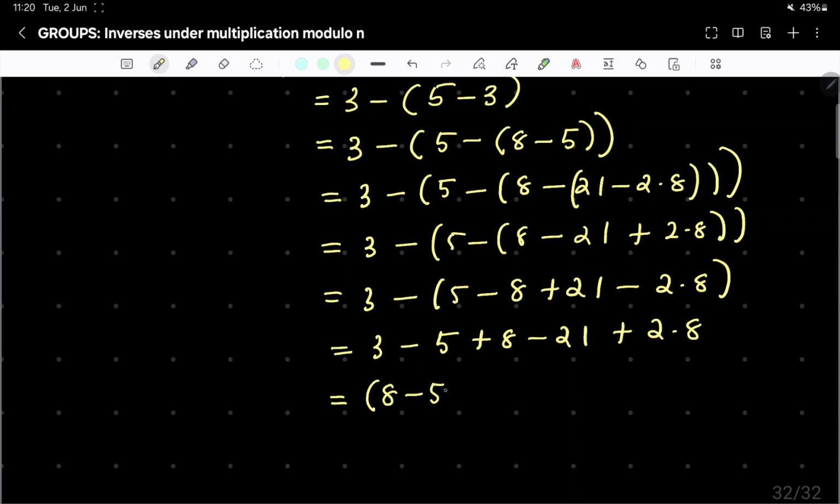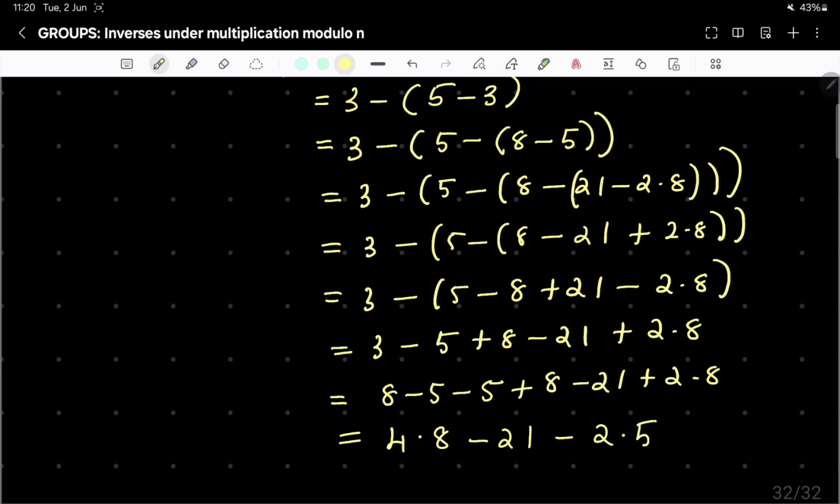So 8 minus 5 minus 5 plus 8 minus 21 plus 2 into 8. So how many 8 are there? 1, 2, 2. So 4 into 8 minus 21 minus, you have 2 into 5, right?